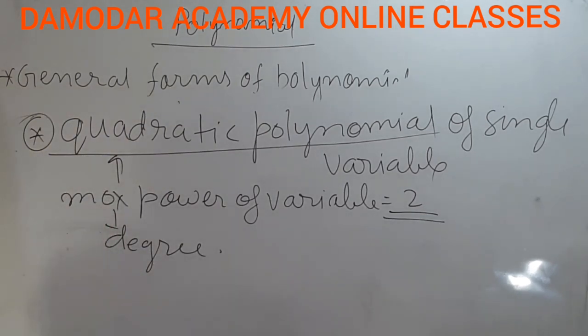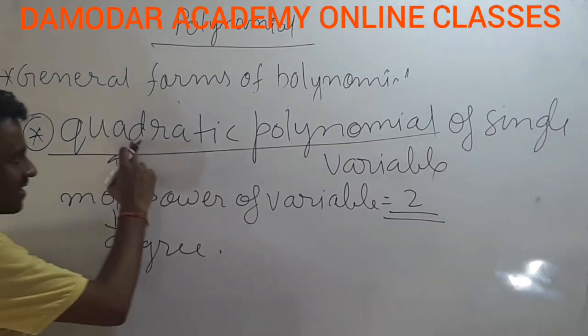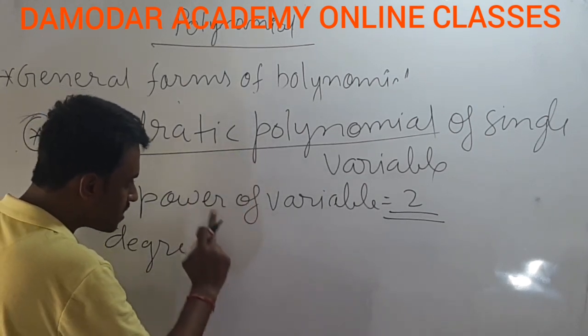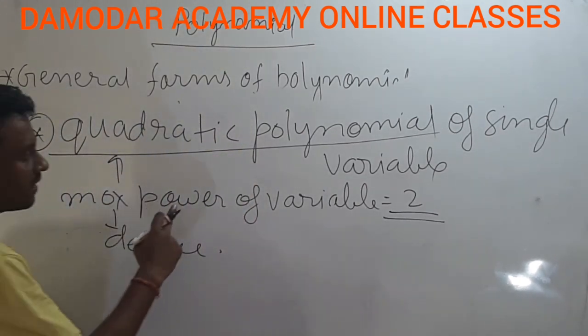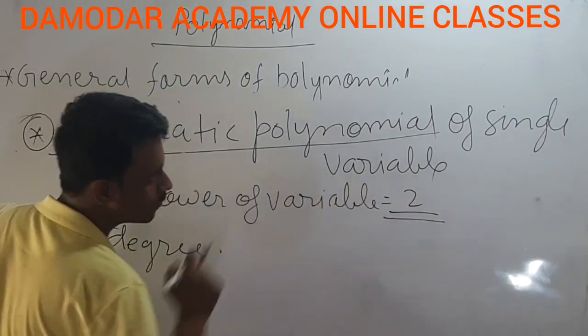It may be the cubic polynomial, it may be the linear polynomial. Okay? So for a quadratic polynomial, it is a must or necessary condition that its degree is equal to 2.